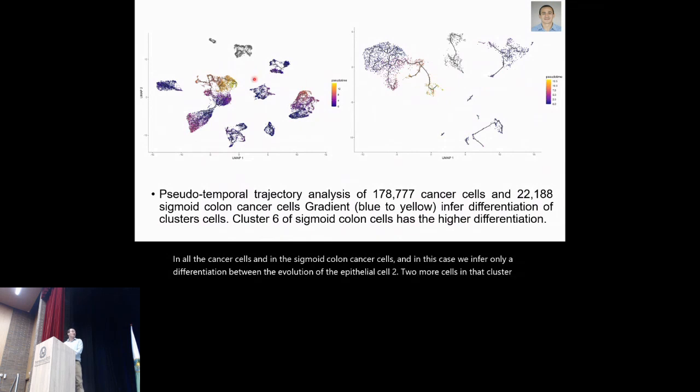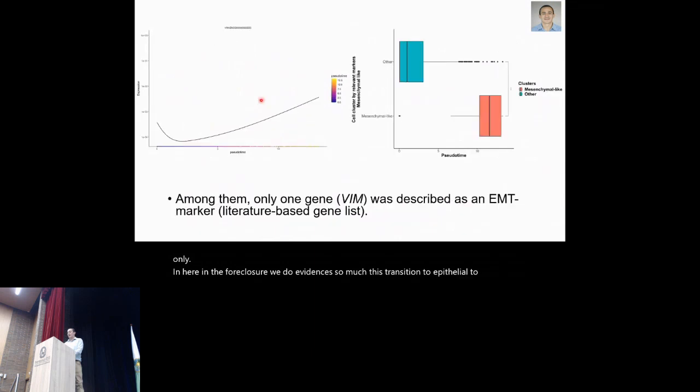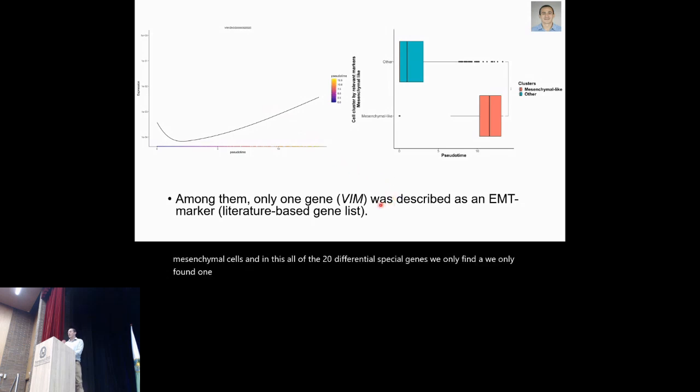In here, in the 4 clusters, we don't see so much evidence of this transition from epithelial to mesenchymal cells. And of all the 20 differentially expressed genes, we only found one gene related with EMT markers. That was the BIN gene, which was more expressed in the mesenchymal-like cells compared with the other cells.